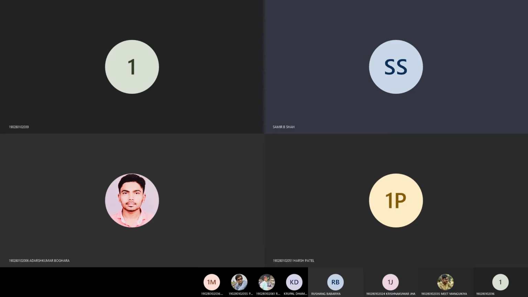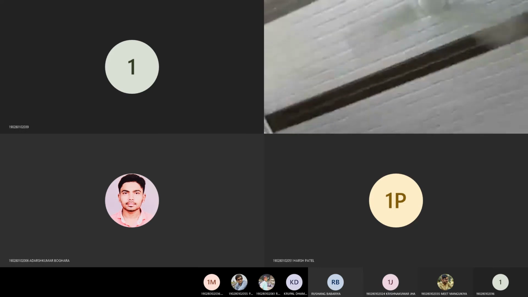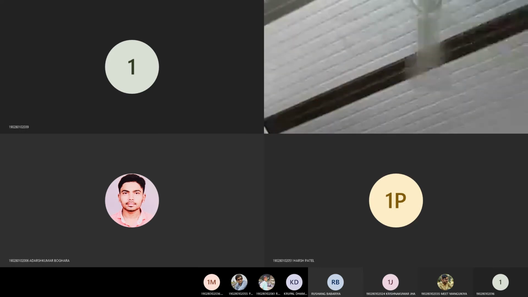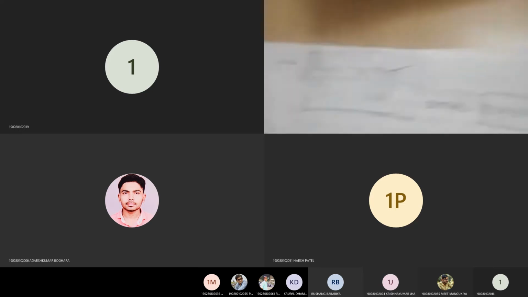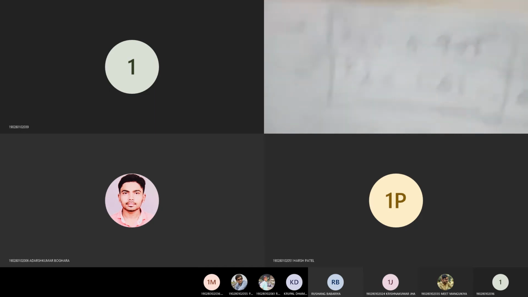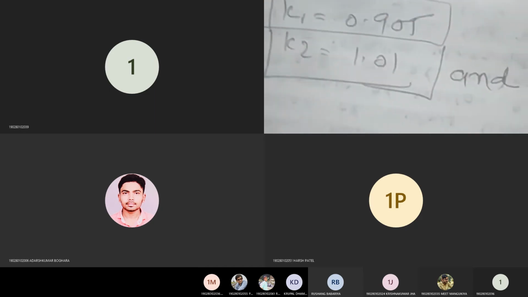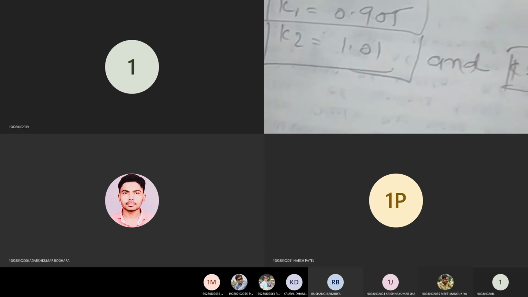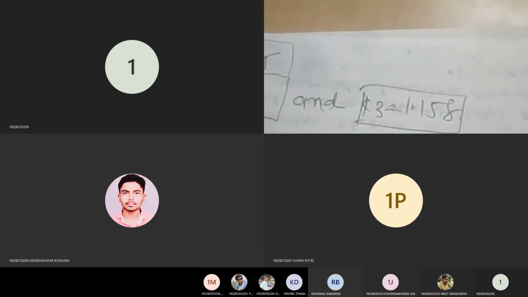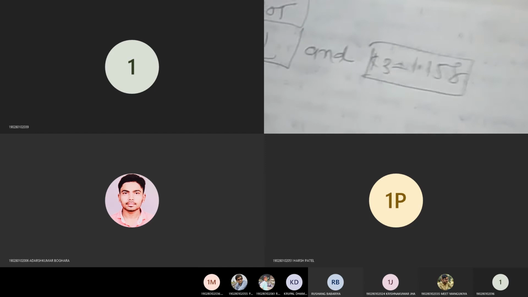Now, I just mentioned all the three values: K1 is equal to 0.905 as mentioned earlier, K2 is equal to 1.01 and K3 is equal to 1.158.